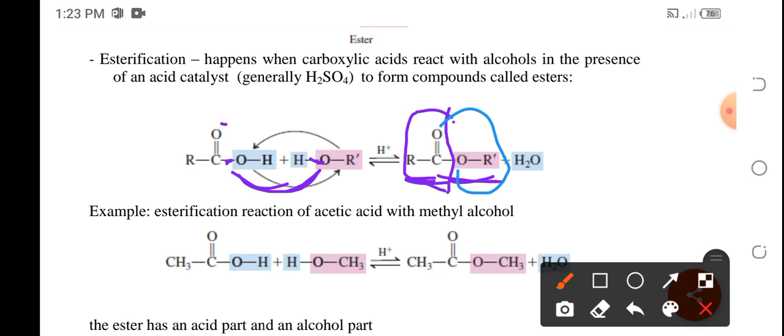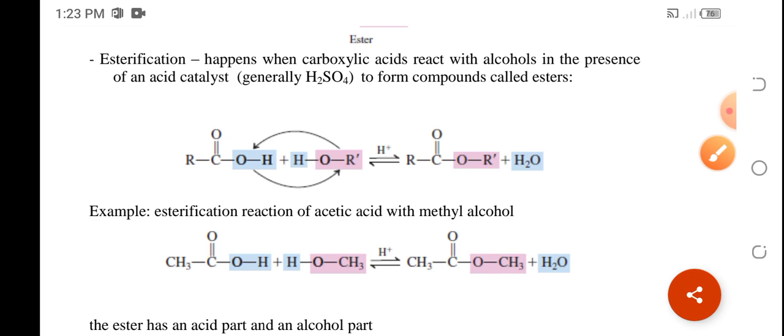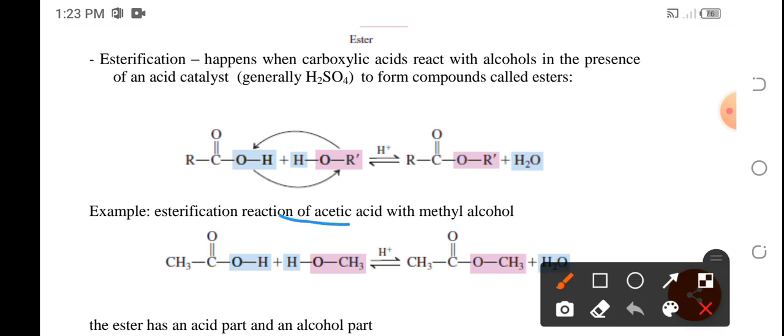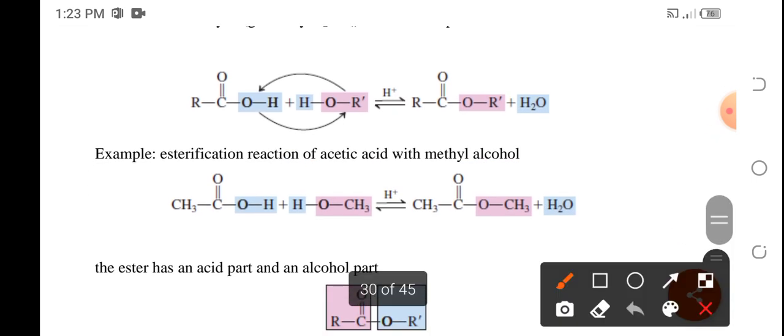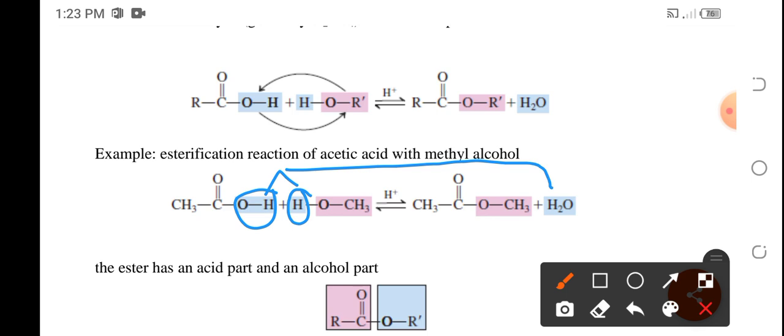Okay? So, an example would be the reaction of acetic acid. This is the acetic acid. It has two carbon atoms. And methyl alcohol. Methyl alcohol will have one carbon atom. So the mechanism will be the OH from the acid part, or from the acetic acid, and the hydrogen from the alcohol will come together or bind together to form water.